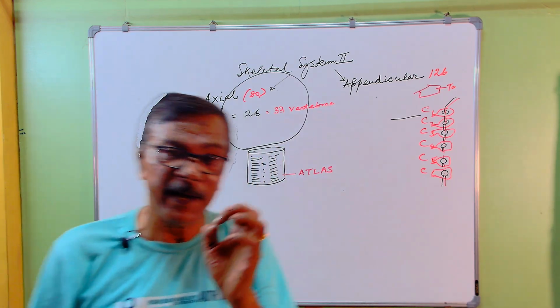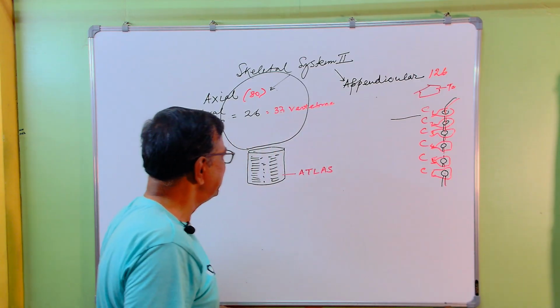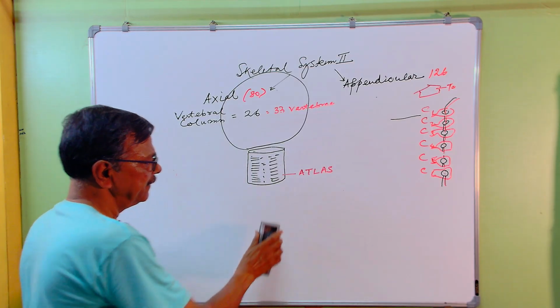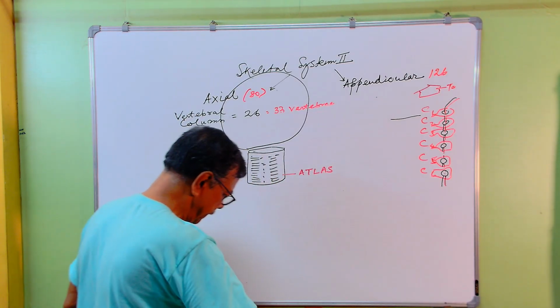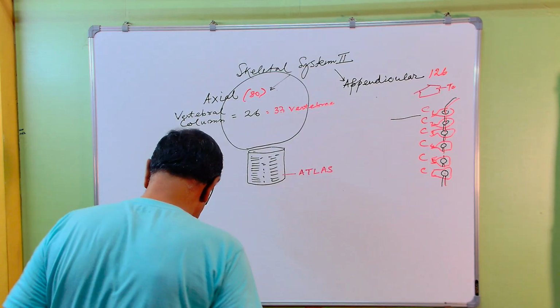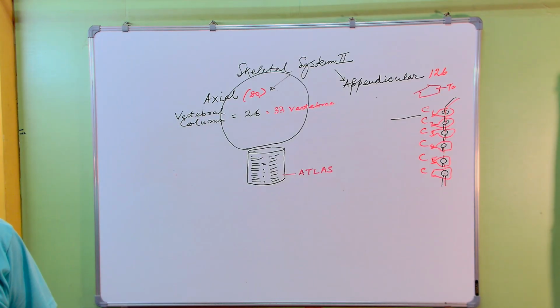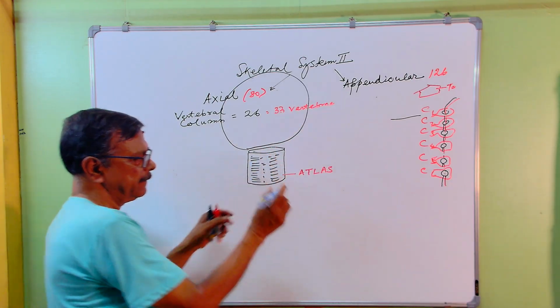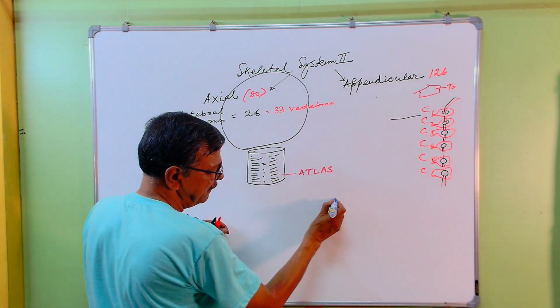To avoid this wear and tear, there is a special mechanism over the atlas. Let me draw it. Suppose this is foramen magnum. I am taking it that way. This is foramen magnum.